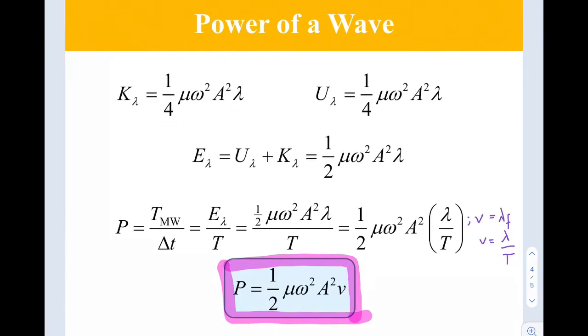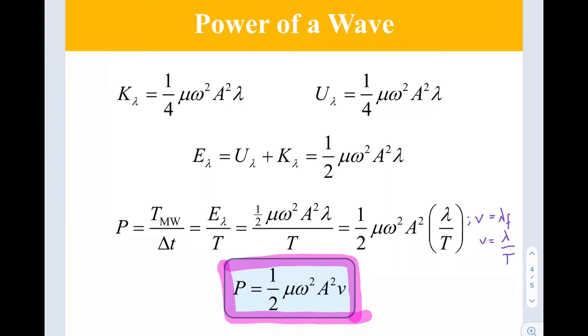By using the same approach as for the kinetic energy just now, we can also show or prove that the potential energy for 1 lambda of the wave is equivalent to 1 over 4 mu omega squared a squared lambda.